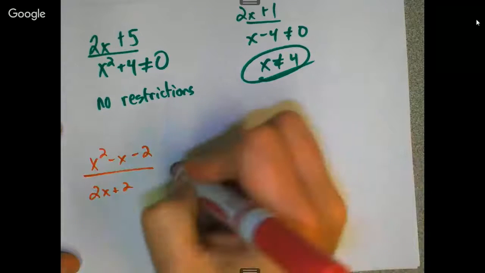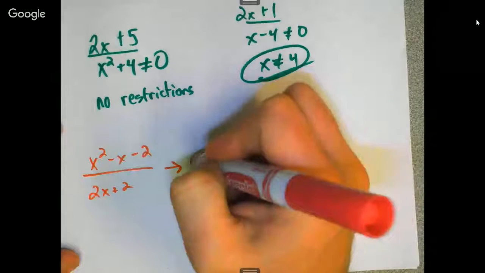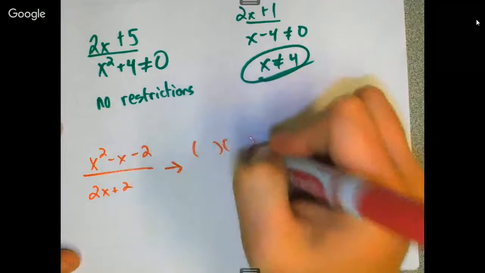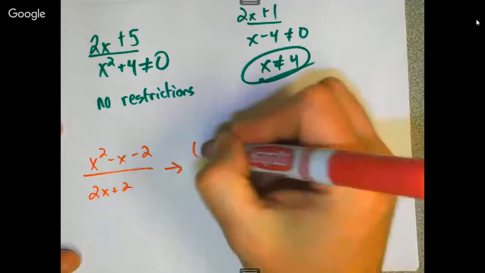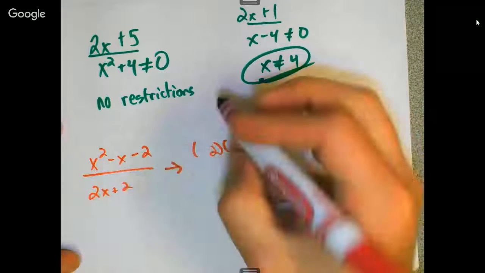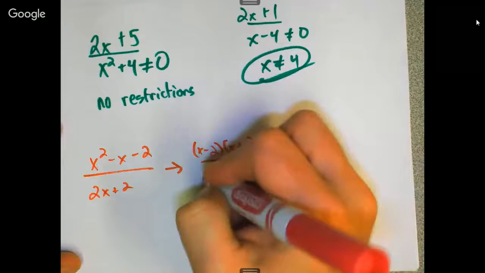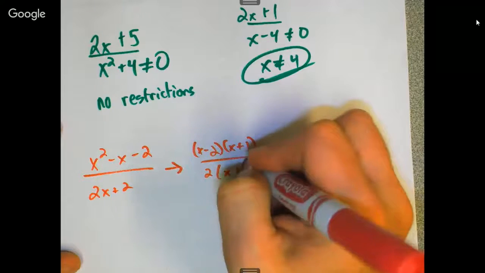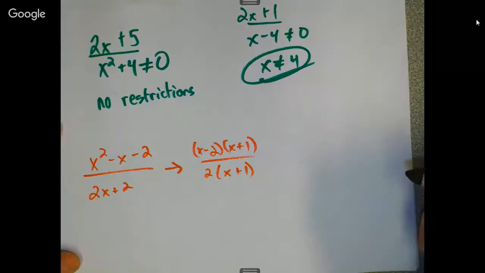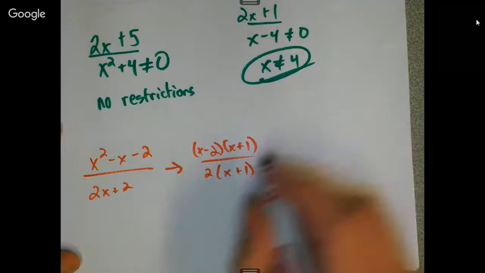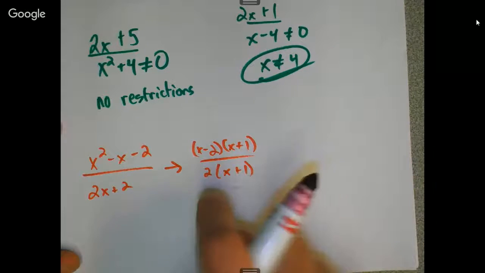Okay, our first thing was to factor everything. So factors of 2 that subtract to 1, it's 2 and 1. Signs of difference, big one's negative. Factor out a greatest common factor. Okay. So we want to restrict the domain. So looking here at the bottom, we'll set it not equal to 0.